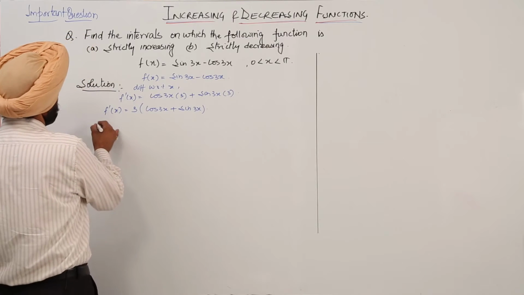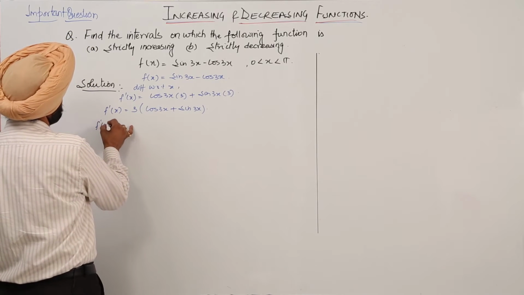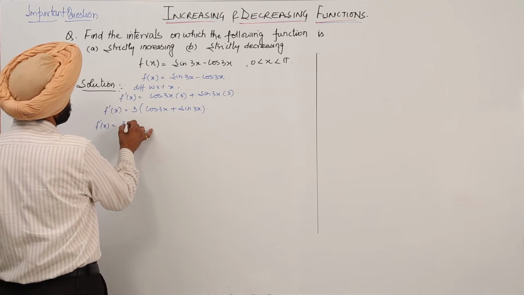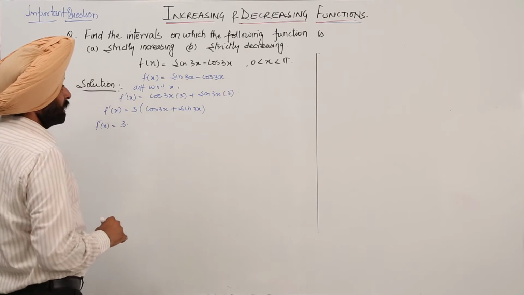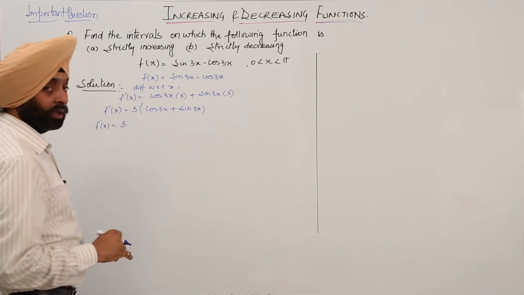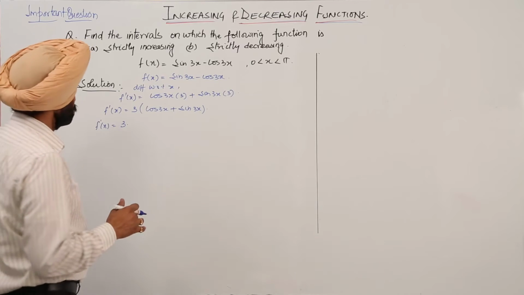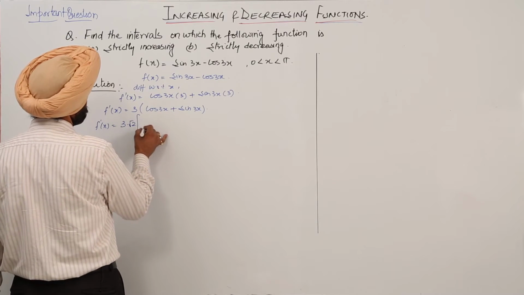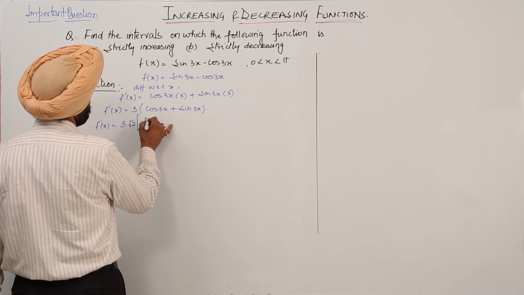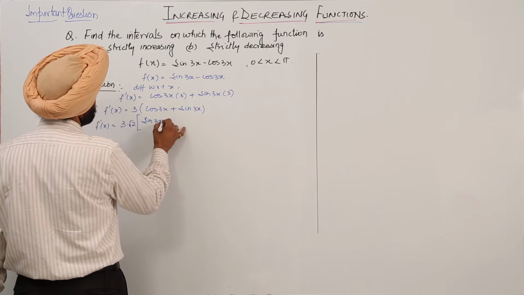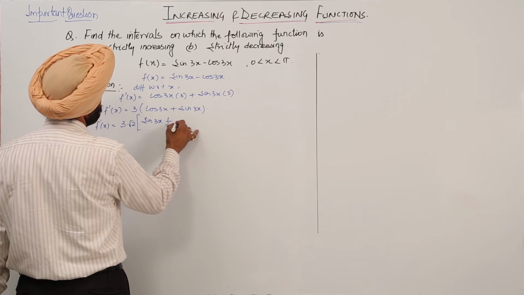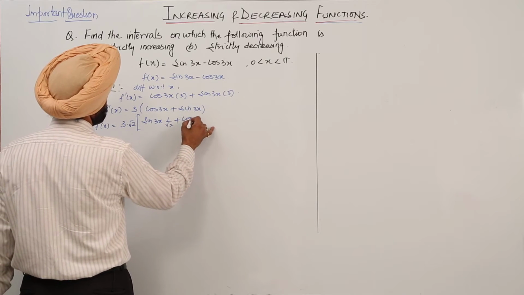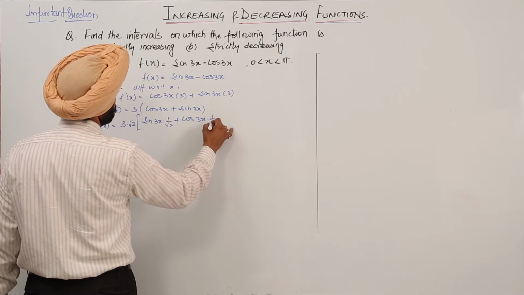Now f'(x) is equal to 3, now multiplying and dividing by root 2. Okay, so we are having root 2 with sin 3x into 1 upon root 2 plus cos 3x into 1 upon root 2.